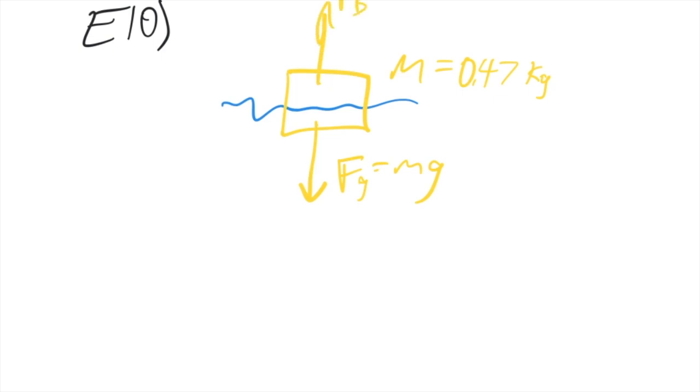Since it's not sinking and it's not accelerating upward, it's at equilibrium, so the buoyant force is going to equal the force of gravity, which equals m times g. So I take my 0.47 kilograms multiplied by 9.8 meters per second squared, the acceleration due to gravity, and I get 4.61 newtons.